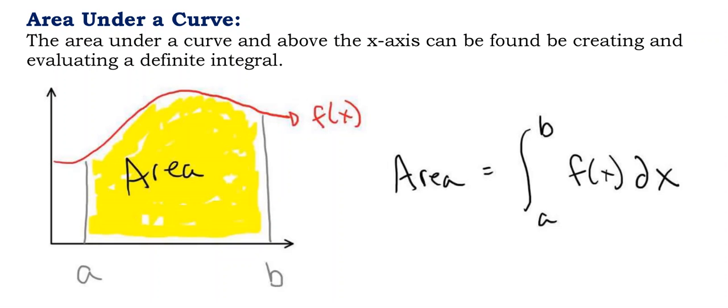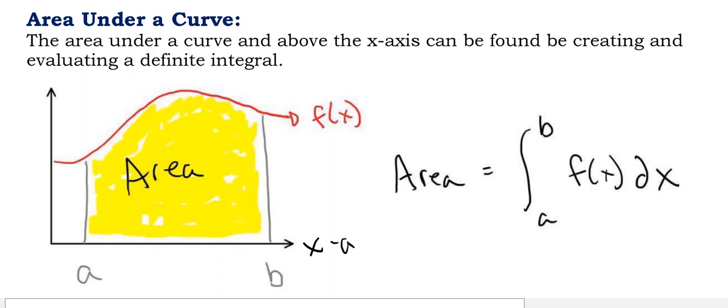In this video, we're going to take a look at a very important application of the definite integral, which is area under a curve. So let's suppose that we have a function represented by this red curve, which is f of x, and we have this area bounded on the left by a, and bounded on the right by b, and bounded below by the x-axis.